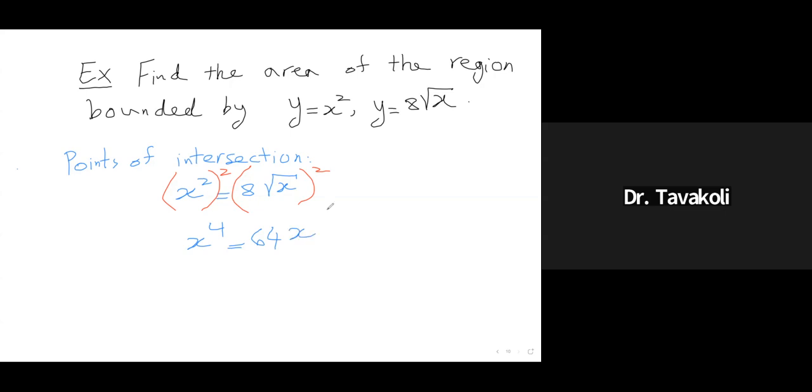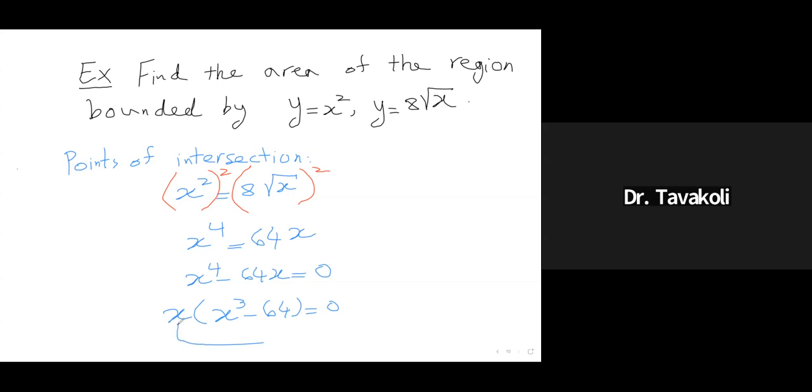What we are going to do is we subtract 64x from both sides. So x to the 4 minus 64x is 0. x is in common. I can factor that out. x times x cubed minus 64 is 0. The product of these two is 0.